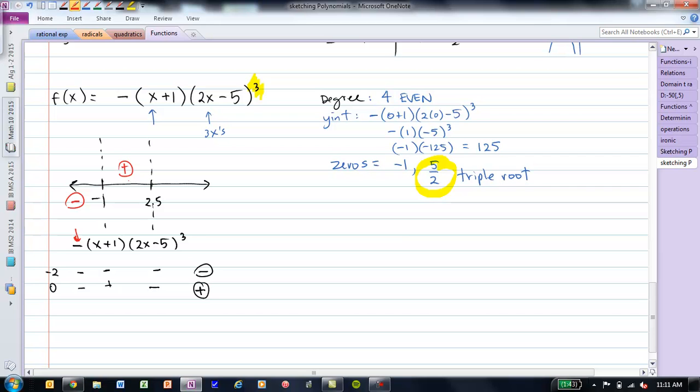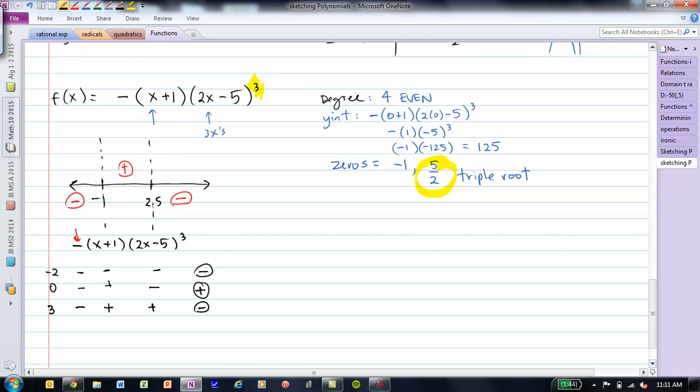After we get to 2.5, what's bigger than 2.5? How about 3? It starts negative. The next term is positive, and 3 times 2 is 6, so that would be positive. But this whole thing ends up being negative, because negative times positive times positive is negative. So this area is negative.